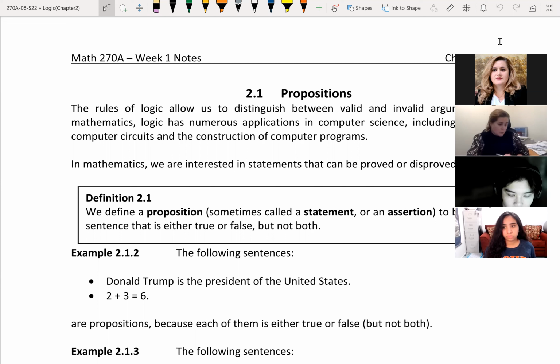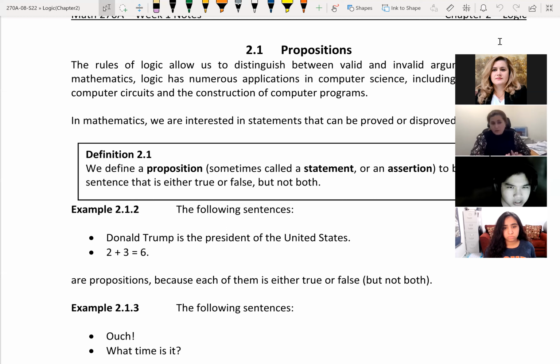A proposition is exactly the block for logic, like the block for a building. After that, we learn how to make the connection between statements, which means and, or, conditional, 6 types of connection, and then the truth table that I'm pretty sure you have seen somewhere, but we can practice again. That's the starting point.